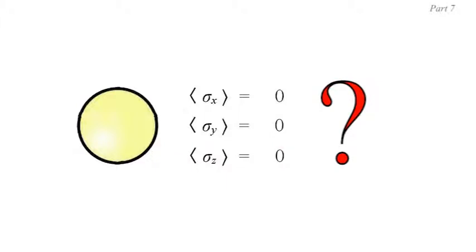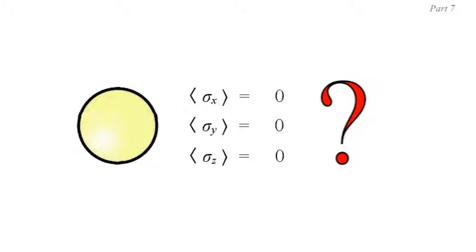Think about that. If this were the case, and I'll say right now that it can't be for a single unentangled electron, there would be no direction in space where the average value of the spin was 1. Every direction in space, not just x, y and z, but all others which would be made up of components in the intermediate directions, all other directions would have an average value of 0.